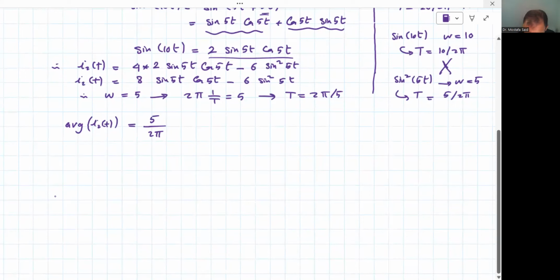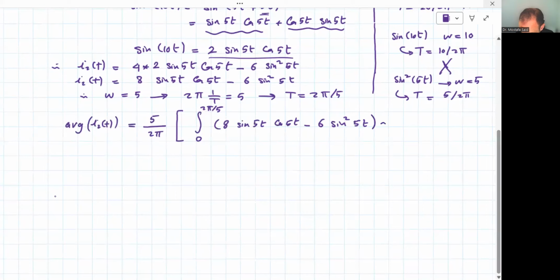Then we're going to have a very big integral: the integral from 0 to 2 pi over 5 of dt, then we have 8 sine 5t cosine 5t minus 6 sine square 5t. Now we should calculate this integral, right?